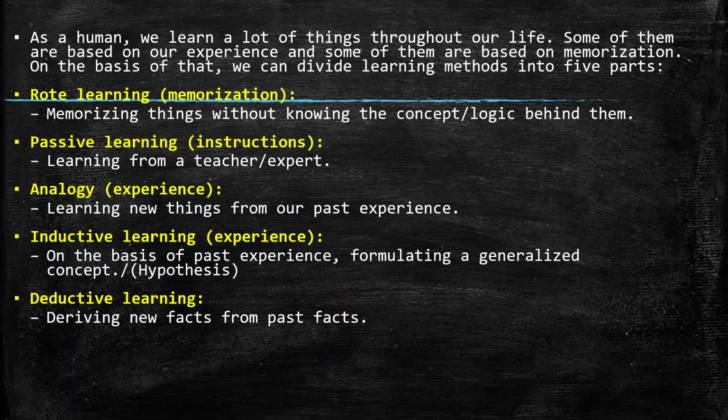The second one is passive learning, where we learn from a teacher or expert. The third one is analogy learning, which is from experience. In machine learning, we'll be talking more about inductive learning. That means we already have some experience, some data. From the existing experience or data, we will formulate a general concept or hypothesis.